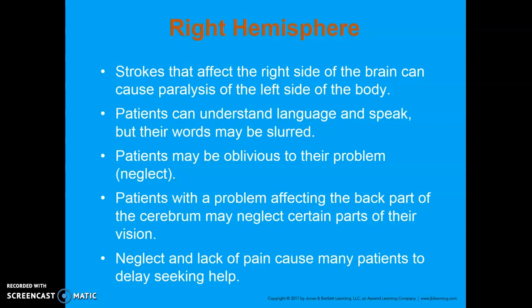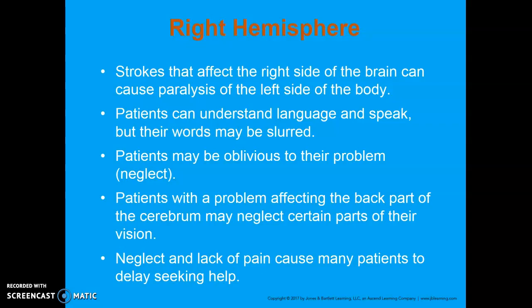Patients with problems that affect the back part of the cerebrum may neglect certain parts of their vision. They can interpret what they're seeing, but they may have no idea that they can't see. Your brain is really good at filling in the gaps. We actually don't truly visually see 100% of what we perceive.